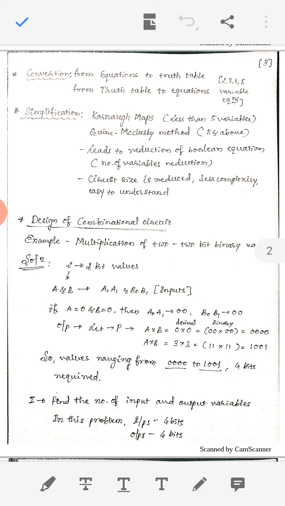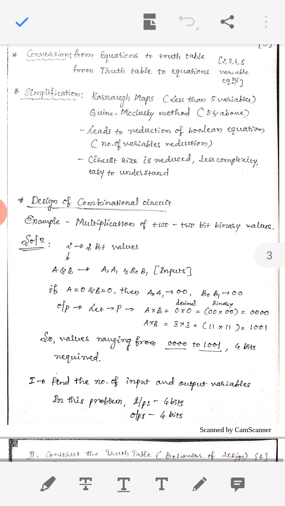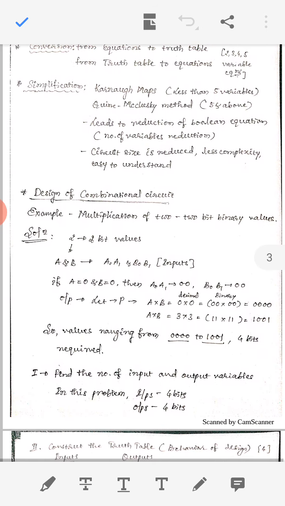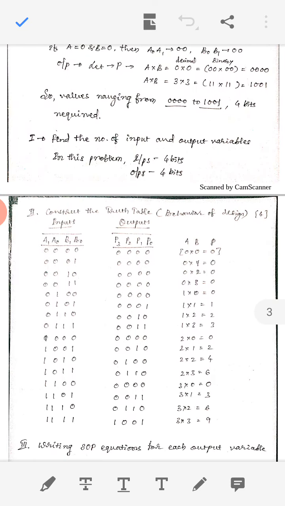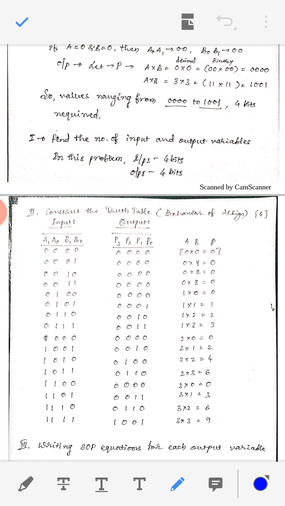Now how many possible combinations will there be? As we know, A is 2 bits and B is 2 bits, so there are 4 inputs and 4 outputs.